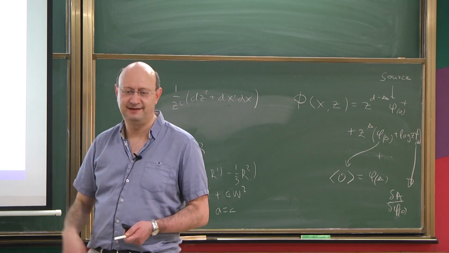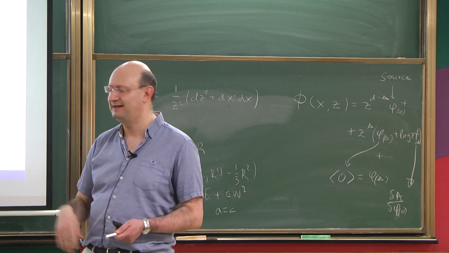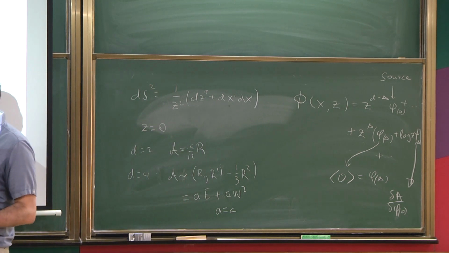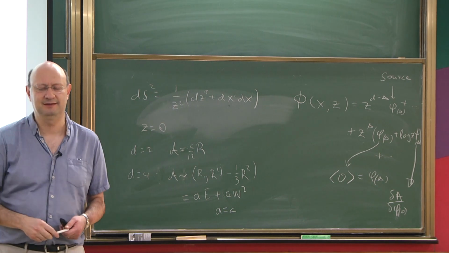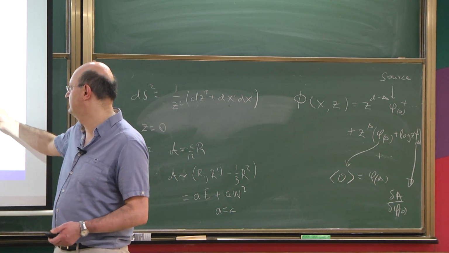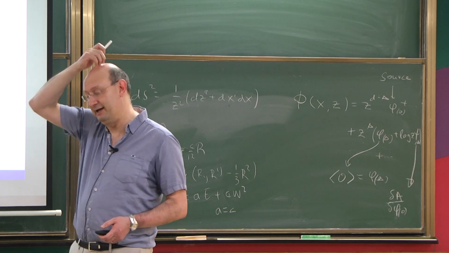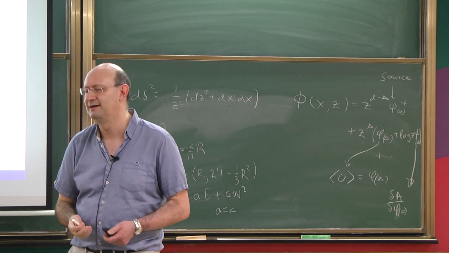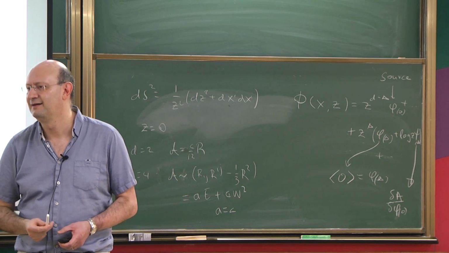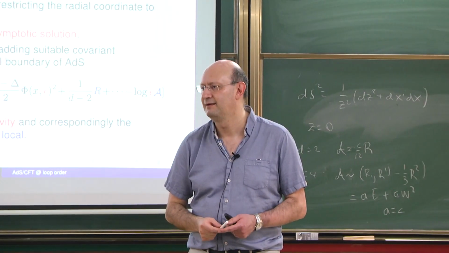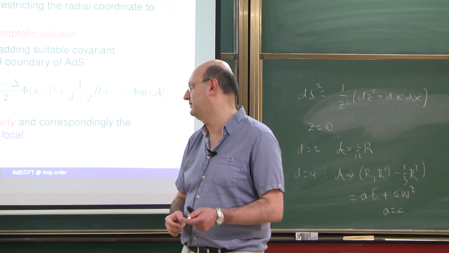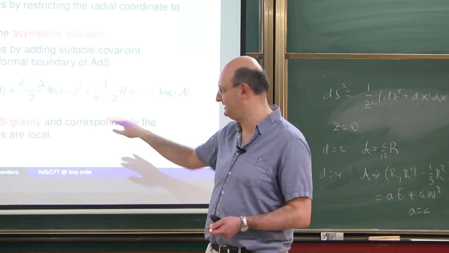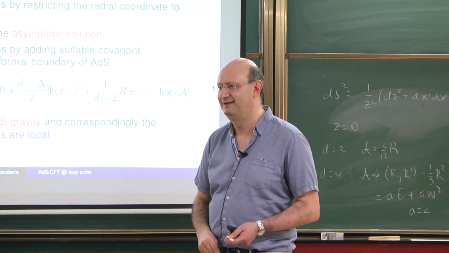They will have more fields here, but it will be of similar type. This piece is universal, which is why I have included it. It's always universal because it's the anomaly. The other terms could change. The fact that they are local does not depend on that. When I go to loops, you will see that these terms continue to be local.